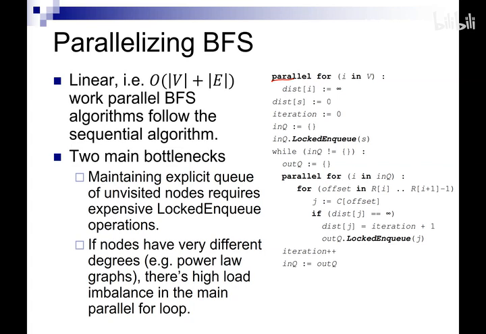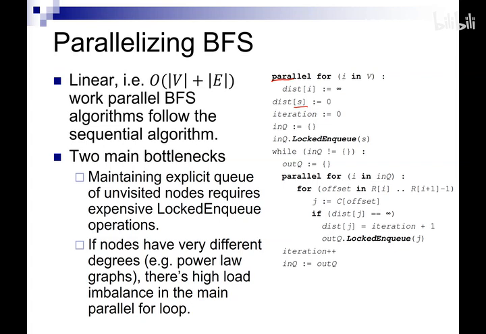Then you're going to be enqueuing the initial source node. However, now because you have parallel threads, first of all, you don't want to enqueue the source node multiple times. Also, now you have a queue which can be accessed by multiple threads at the same time.